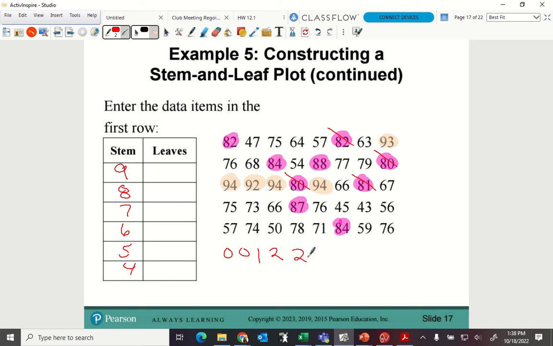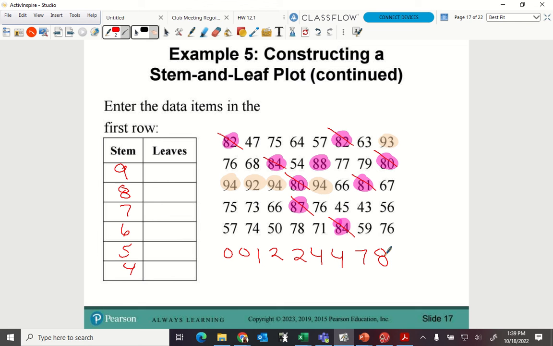Another 2, right? Another 2. 4. Another 4. 7. And an 8, right? Yes. So I listed all these.